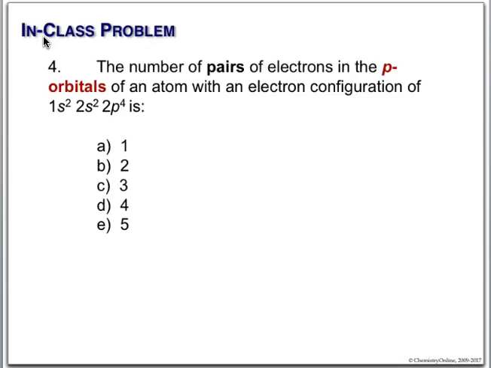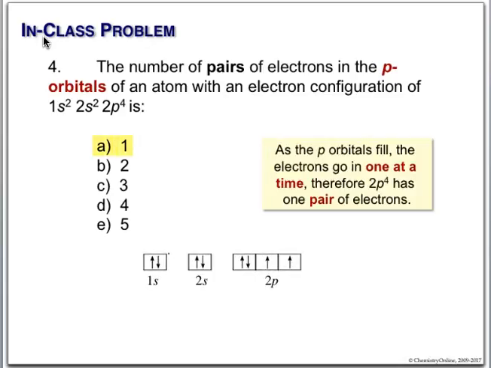So if we only have 4 electrons, we're going to put one each in the px, py, pz, and then we're going to pair one of them. Px, py, pz, we pair 1. How many pairs? Only 1. Remember, they go in one at a time, then you pair them.